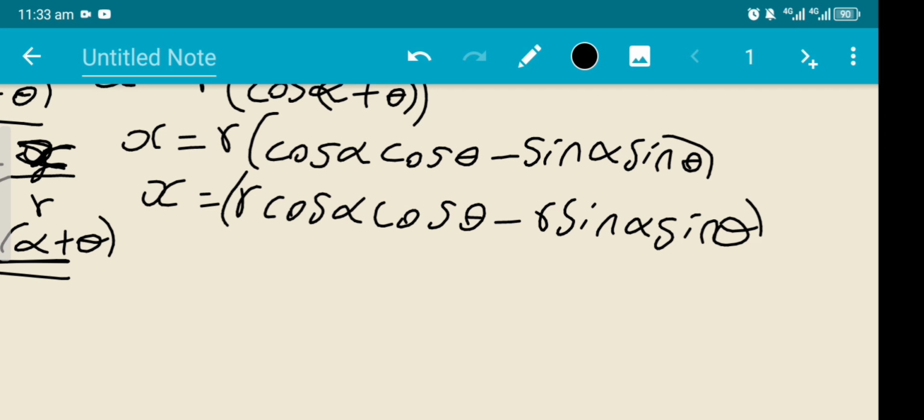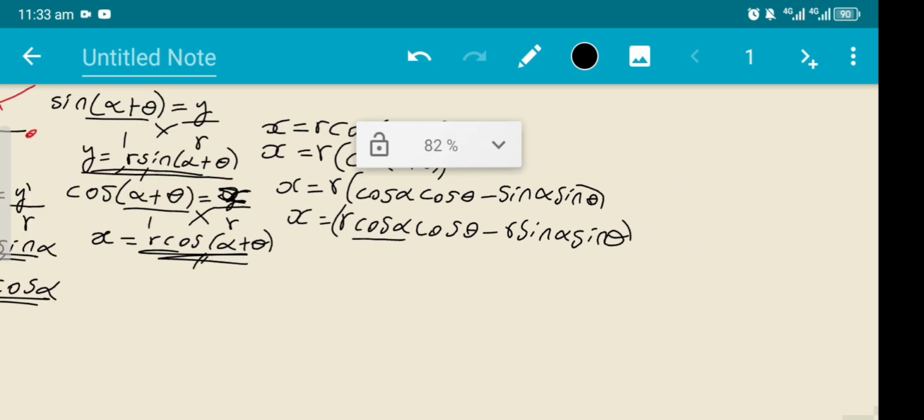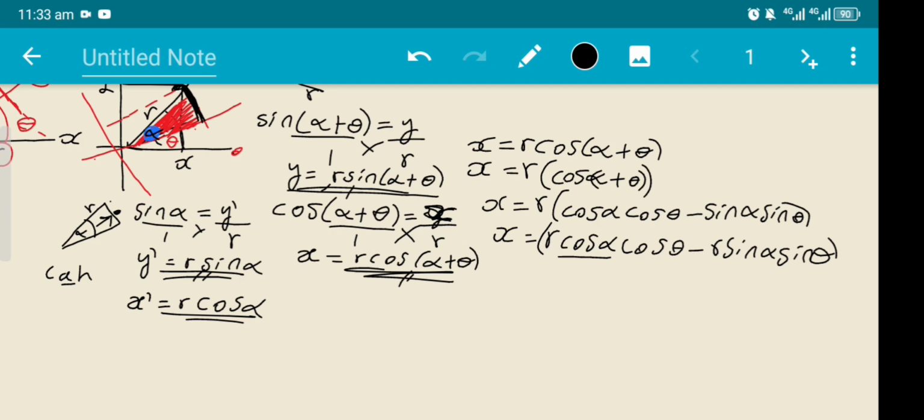Okay, let's take a very close look at this. What is r cos alpha? Remember, we had drawn it here, r cos alpha, which is x prime. So in this case, let's replace r cos alpha with x prime.